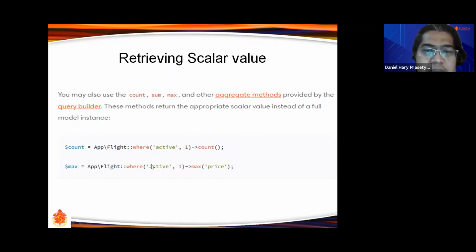This one means get the maximum price of flights that are active. These two functions return a scalar value, so it will be maybe a double or integer. We can use it directly for doing something.